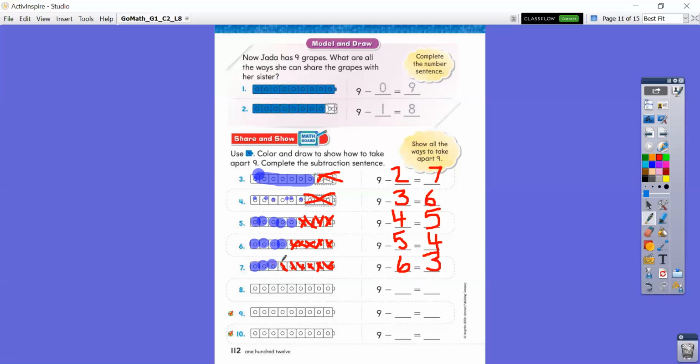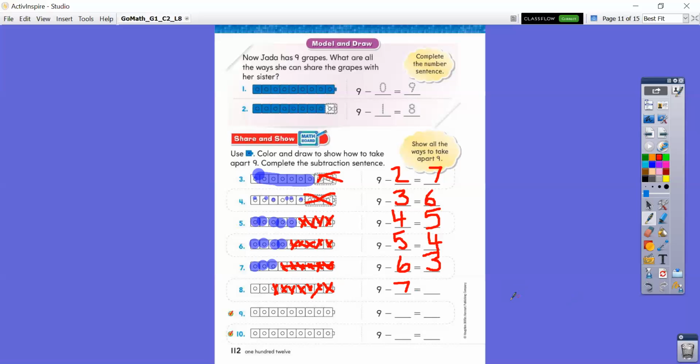So we had 9 to start with. She took these away, and we have 3 left over. Okay, so this time we're going to take away how many? 2, 3, 4, 5, 6, 7. Right, so we're going to take 7. Now we're running pretty low on grapes here. 1, 2, 3, 4, 5, 6, 7.